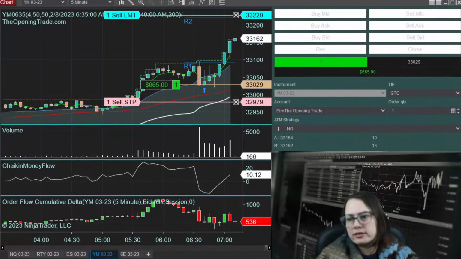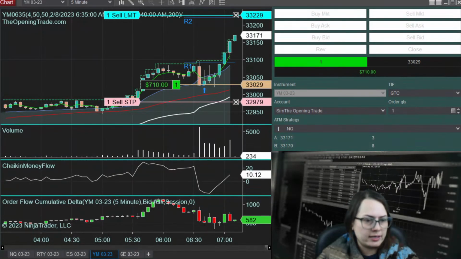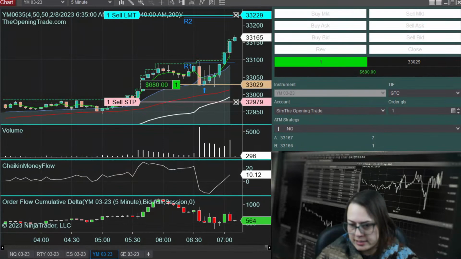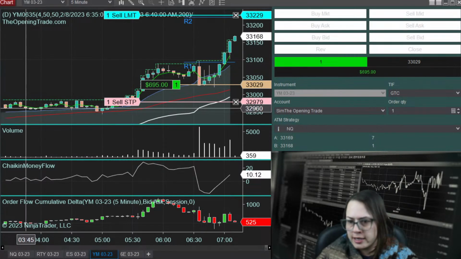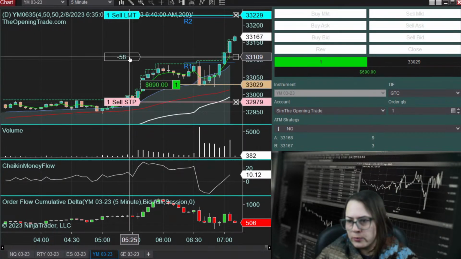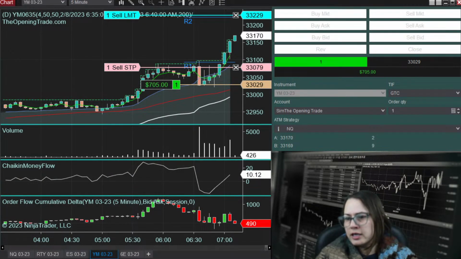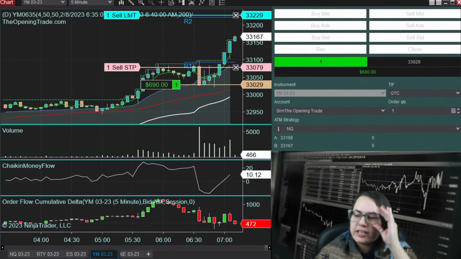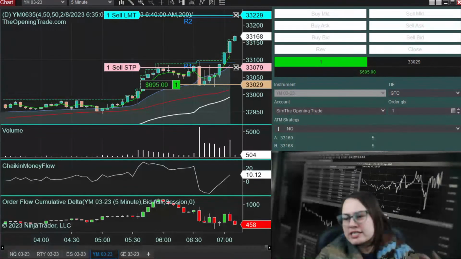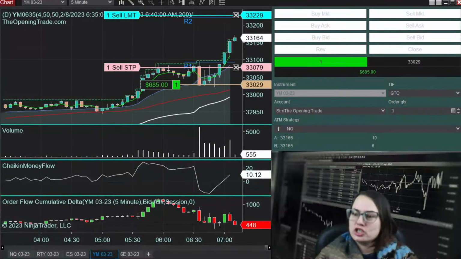Okay, so this is what we're liking. We are going to kick in a safety net, which means I'm taking myself out of my automated trade, just so I can bring this up to there. This is my baby safety net. Just in case the winds change, you never want to get caught in a typhoon.